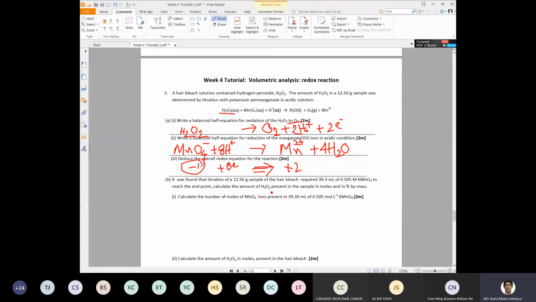If I bring this negative charge to this side, it will be positive, right? Or vice versa, if I bring this positive 2 to the left side, it will be negative 2.